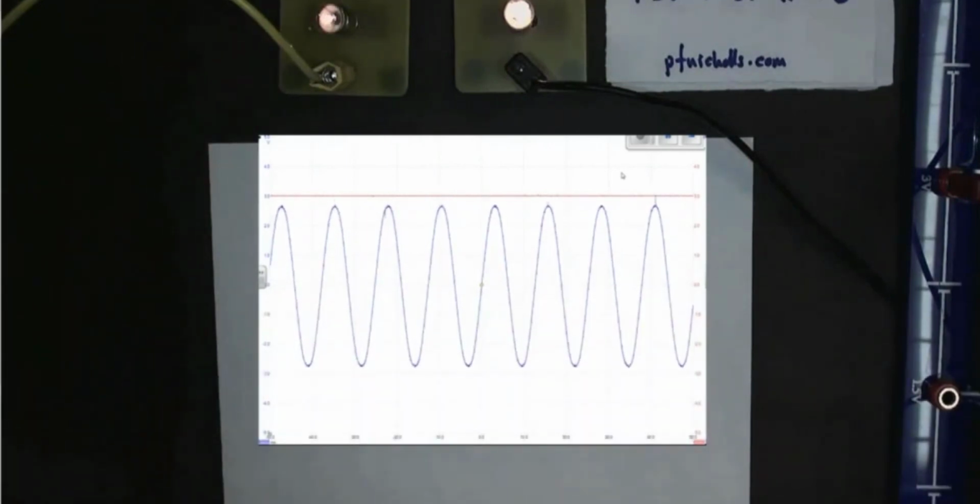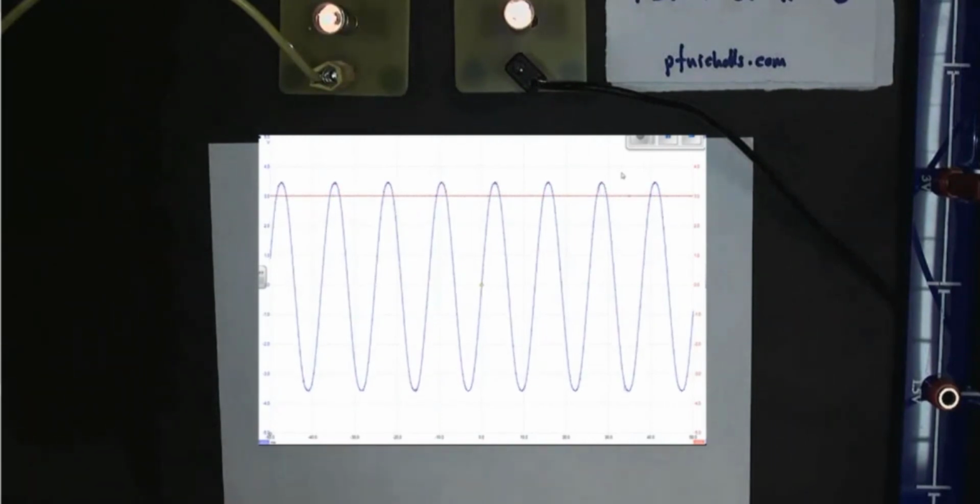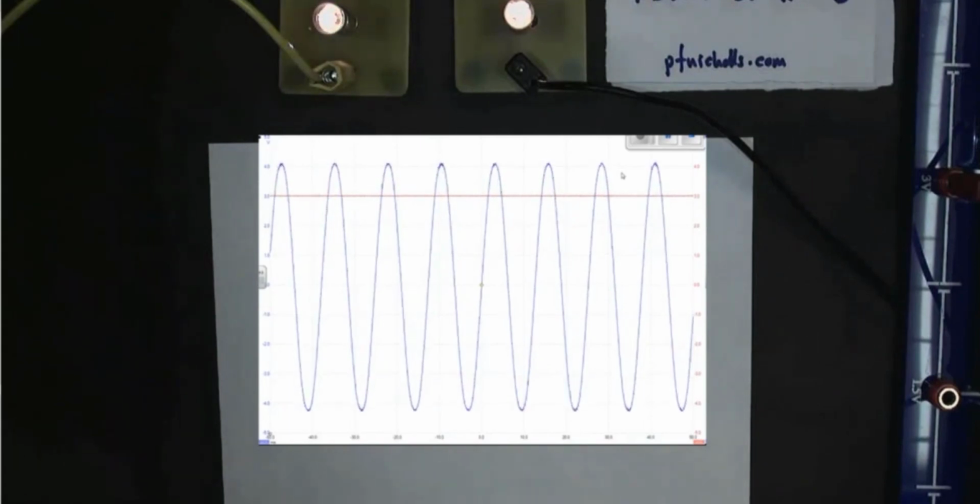Let's increase it until the AC is touching the red line. So now the AC and the DC are the same maximum value. The peak level of the AC is the same as the DC, 3 volts. Are the bulbs the same brightness? No, they're not the same brightness. And therefore, we obviously need to have a little bit more AC. And if we keep going, up to about, and you have to judge this by eye, it's quite difficult to do. The camera plays tricks.